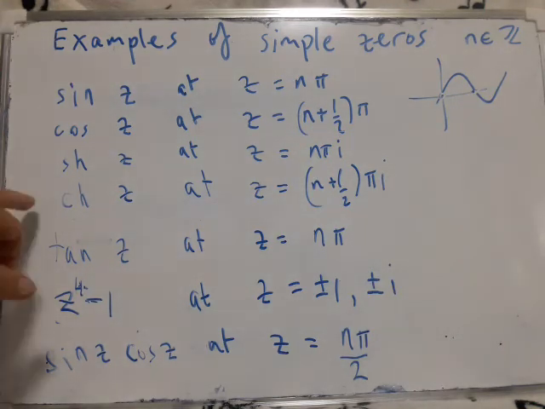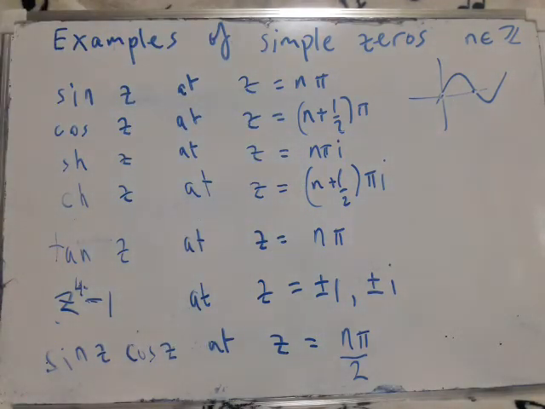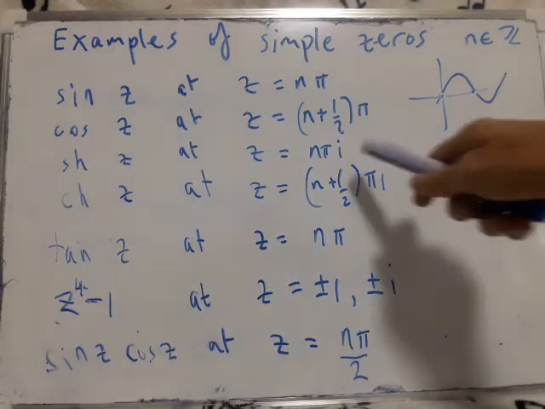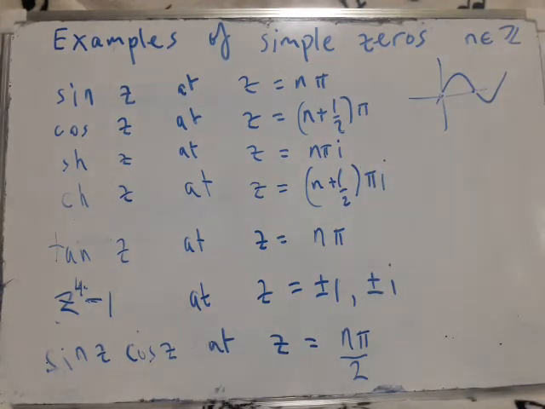Now, sinh and cosh, we've said, are like sine and cos, except you multiply everything by i. So the simple zeros of sinh and cosh are the same as for sine and cos, but multiplied by i.